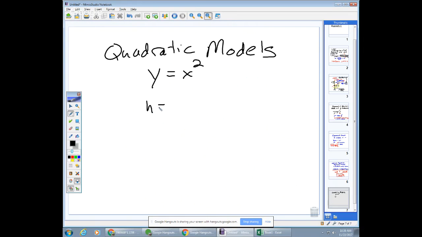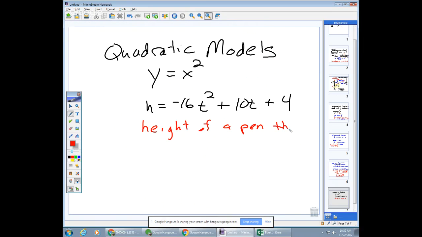So the height of that pen comes from the equation negative 16t squared plus, let's say, 10t plus 4. So this would be the height of a pen I throw. The negative 16 has to do with gravity.